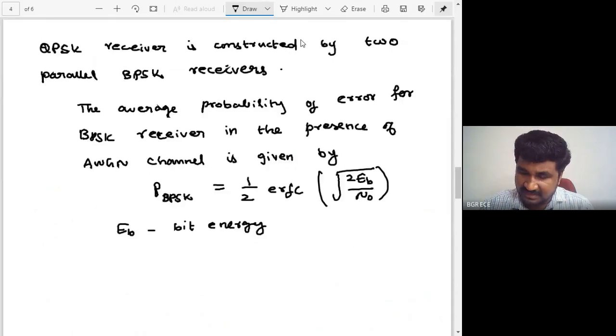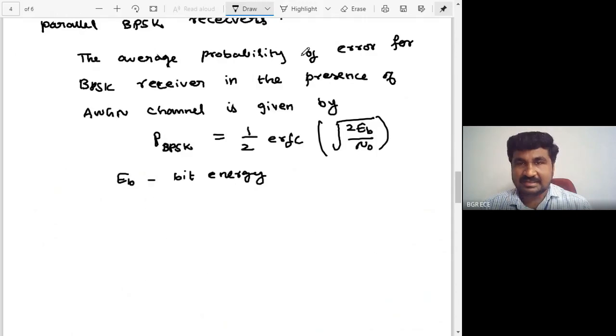But here, each of the BPSK transmitters in the QPSK is carrying one symbol. That is why we can write the symbol energy Es as 2 into bit energy. That is, the symbol energy is represented by twice the bit energy.